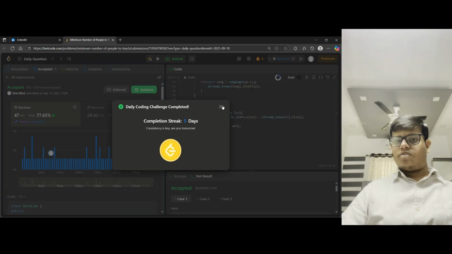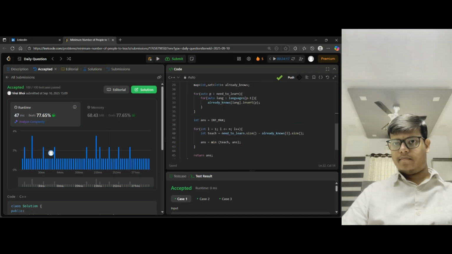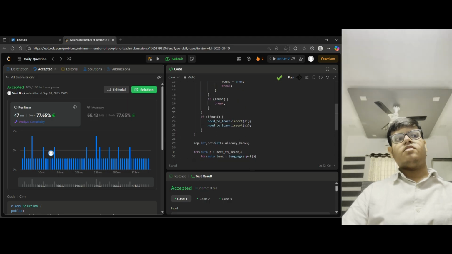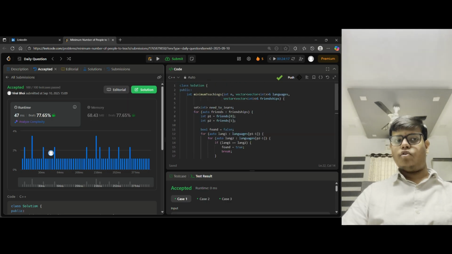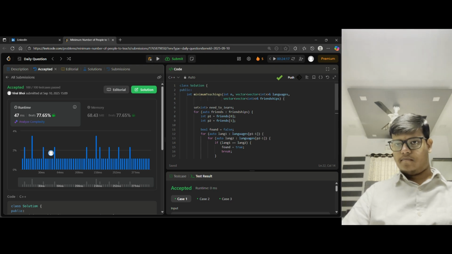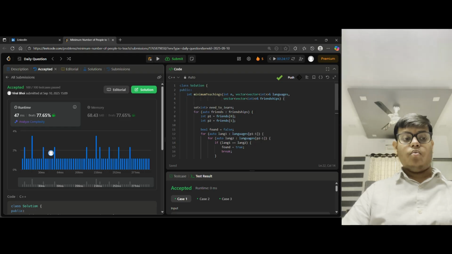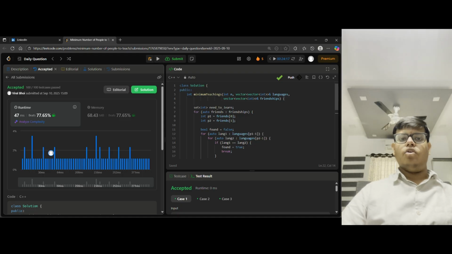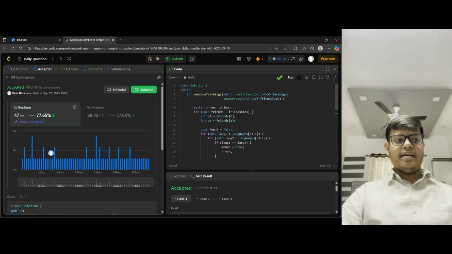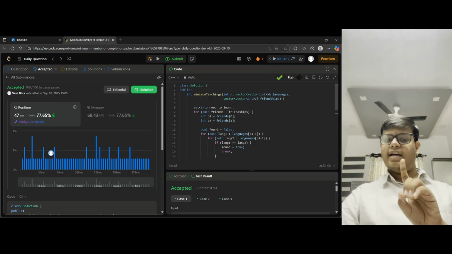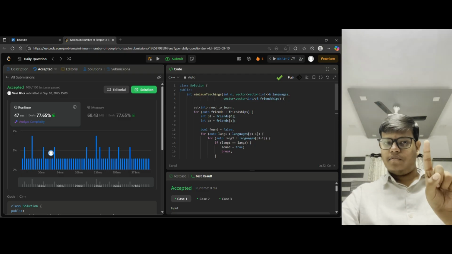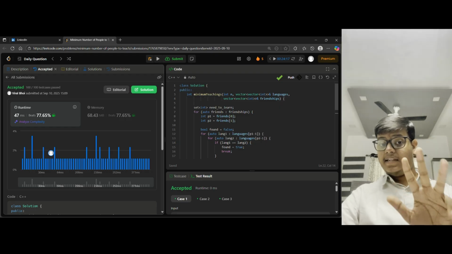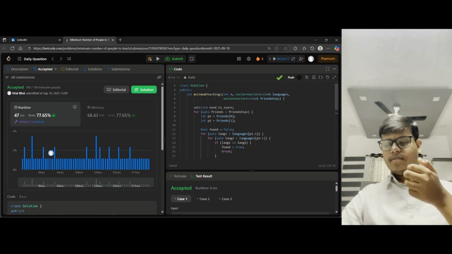So now let's talk about space and time complexity. Let's talk about the space complexity first. Suppose we have a total of m people, numbered from 1 to m. We are given m, so let's take it as m, it will be better. So a total of m persons, and each ith person knows language i, meaning person 1 knows language 1, person 2 knows language 2, person 3 knows language 3, and so on, right?